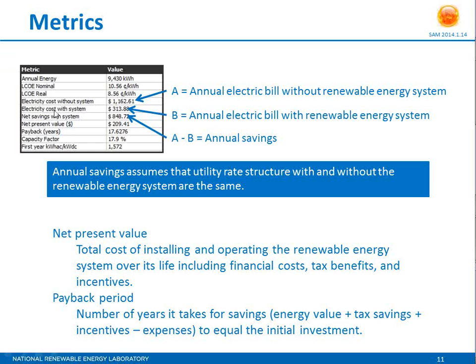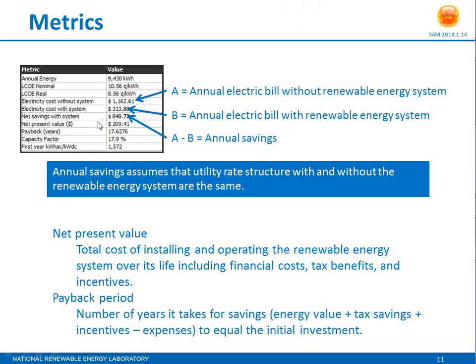The cost with system is our total electric bill with the renewable energy system. So it should be less than the cost without system because we're having to buy less electricity from the electric utility.